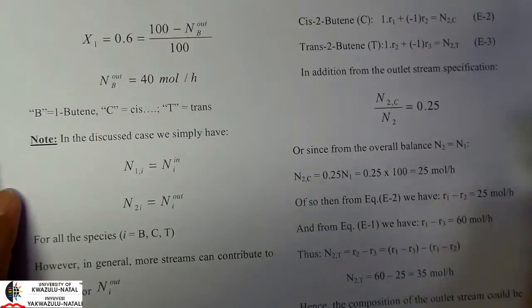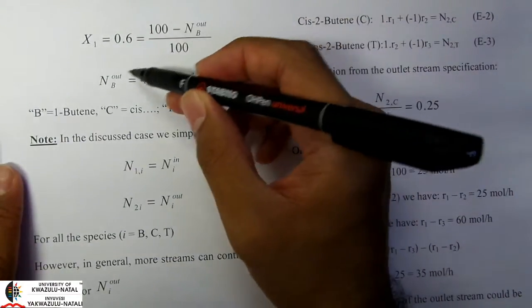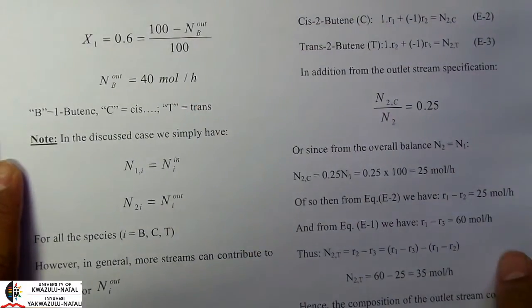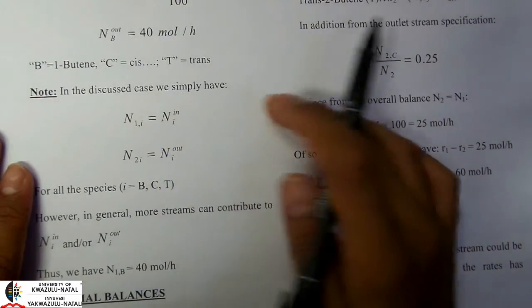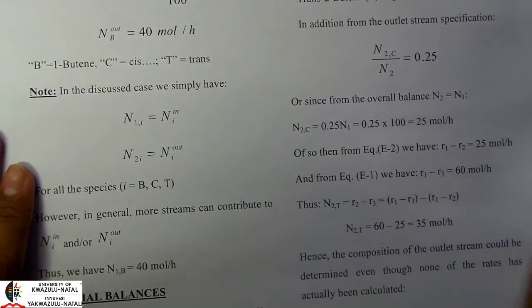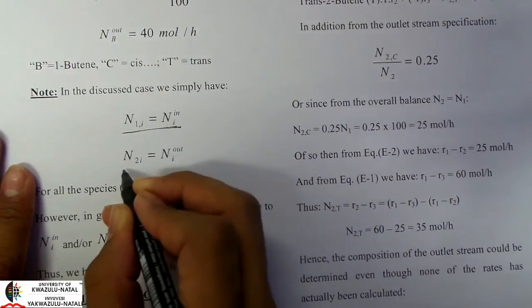From that conversion we can quite easily obtain the moles of 1-butene coming out. Note that this is just a recap of the notation.